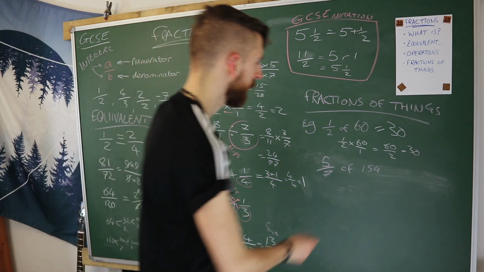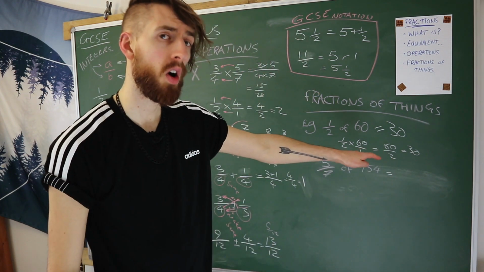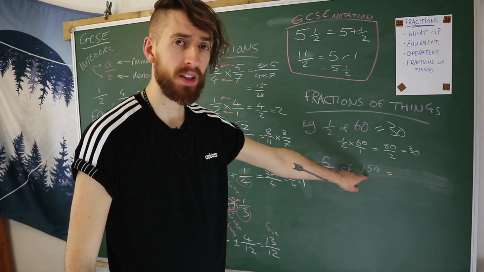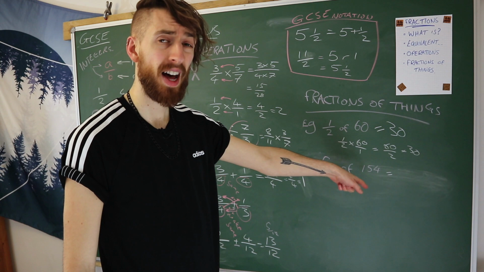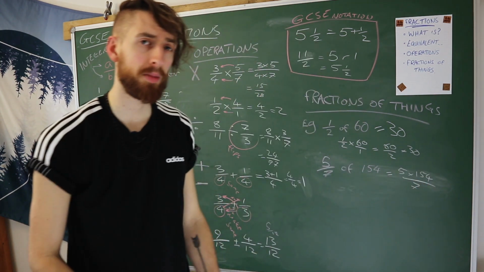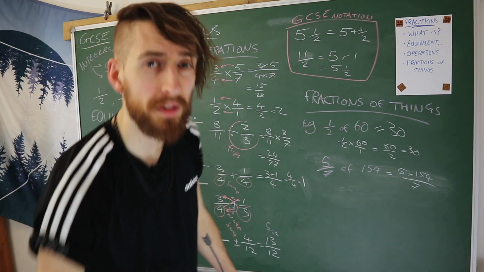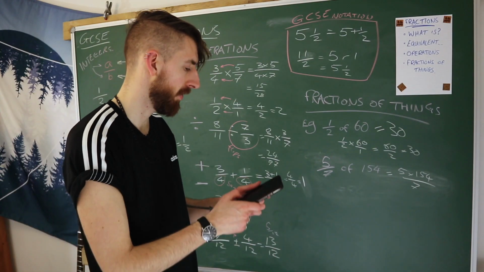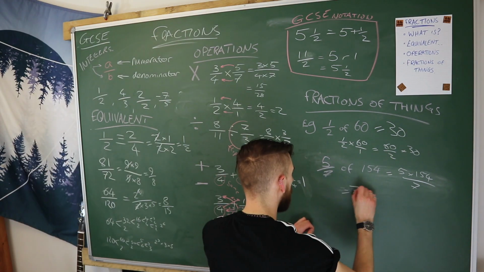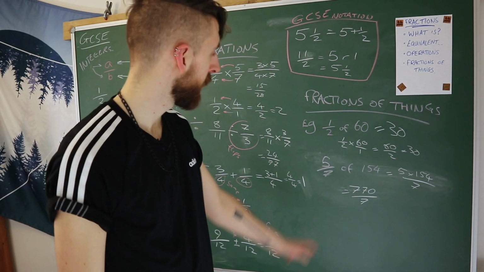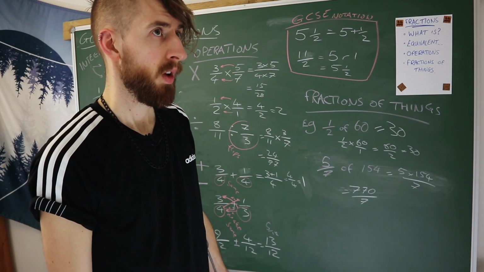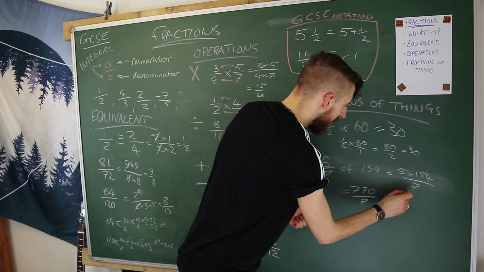Same as before, I'm just going to skip a step. 5/7 of that, we can just do it straight on the top. So 5 times 154 over 7. What is 5 times 154? 770. And that's over 7. 770 divided by 7 is 110. So that's it.